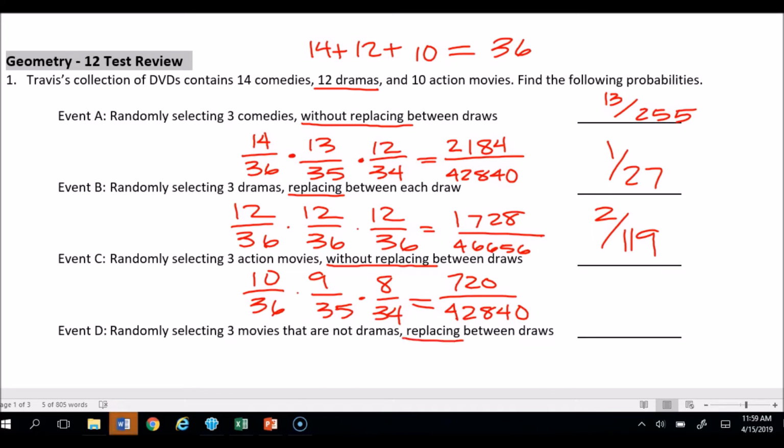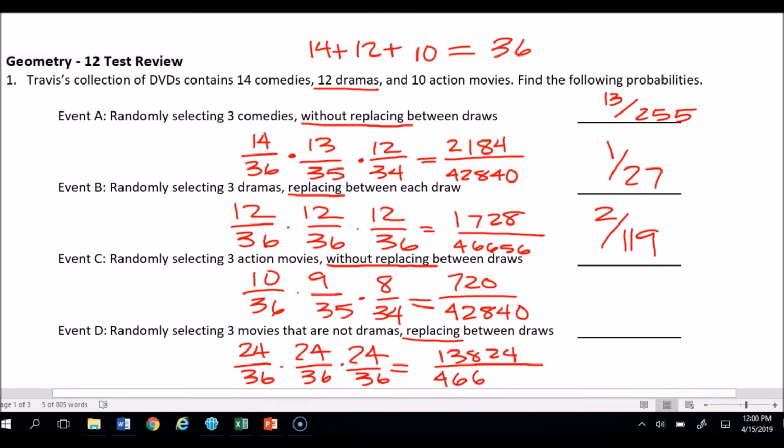So what we're going to do is 24 over 36 times 24 over 36 times 24 over 36. Again, when we do this, we're going to get 13,824 over 46,656. And when we simplify that, that's going to be 8 over 27.